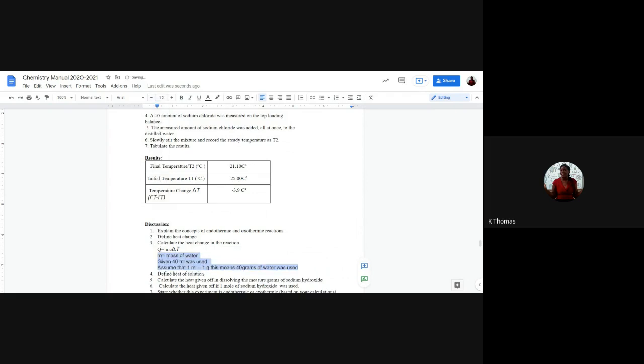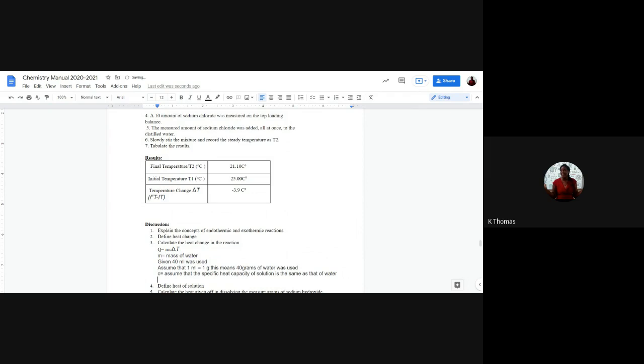Good. Next thing, I am going to go ahead and find my specific heat capacity, c. I am going to assume that the specific heat capacity of the solution is the same as that of water.